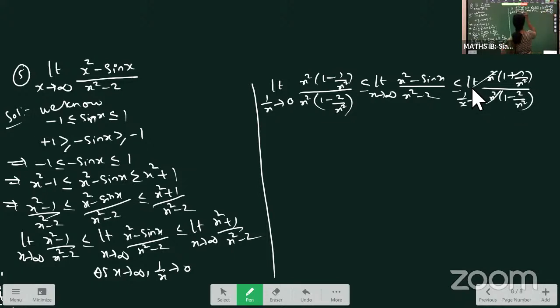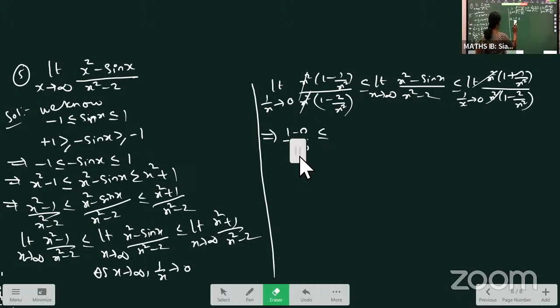X square cancel and x square cancel. Substitute the limit. Wherever 1 by x is there, put 0. So here I am getting (1 minus 0) by (1 minus 0) less than or equal to middle term as it is.